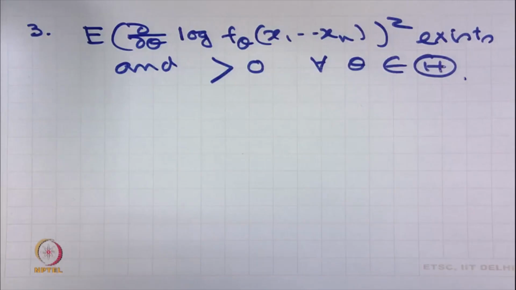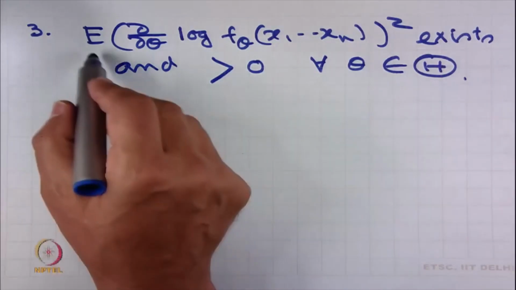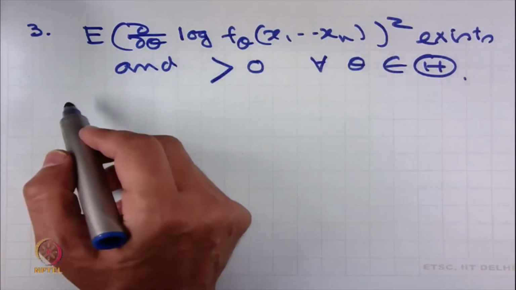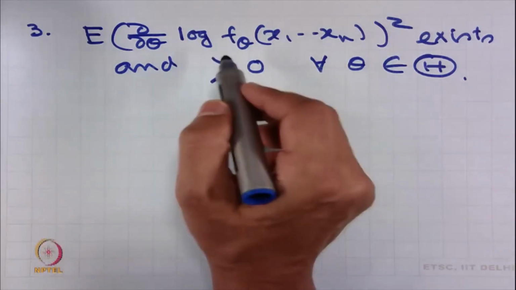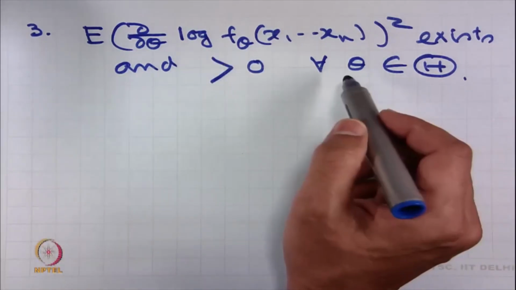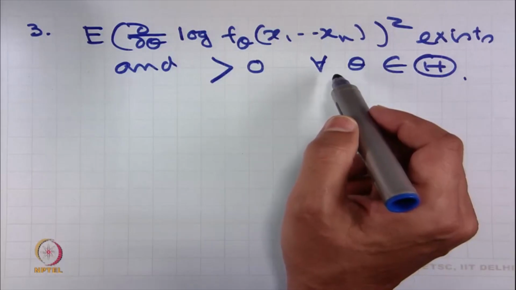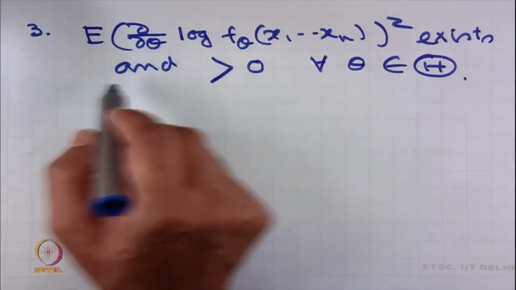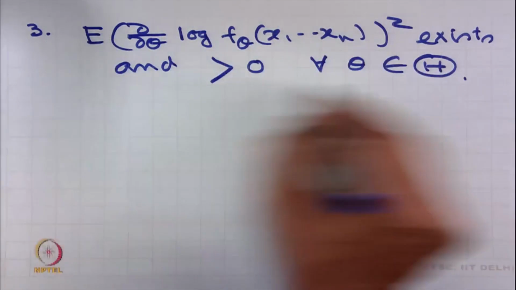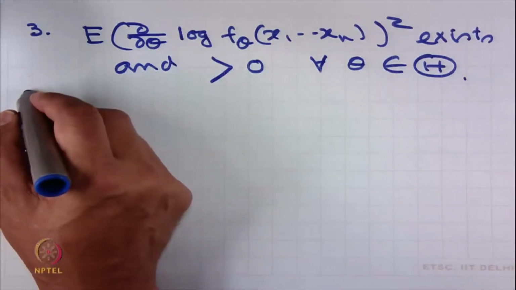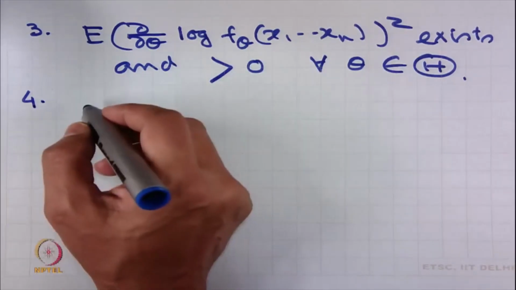Because we know in the Cramer-Rao bound this comes in the denominator. So, if it is not defined or if it is equal to 0, then that term is not valid. Therefore, this has to be one of the constraints.